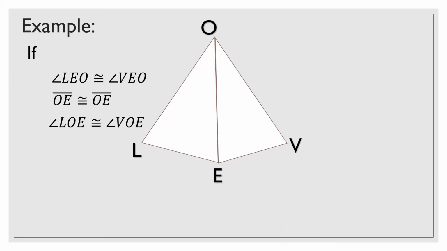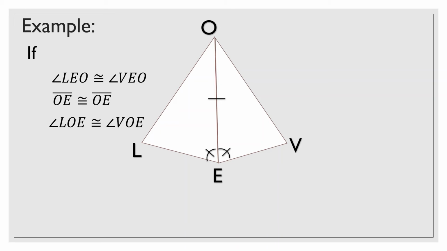Now, with the given information, we are going to show that triangle LEO is congruent to triangle VEO by putting tick marks or arcs on the congruent parts. So let's start with angle LEO and angle VEO. Angle LEO is congruent to angle VEO. Then we have side OE congruent to side OE by reflexive property.